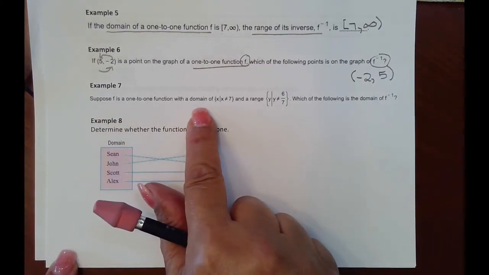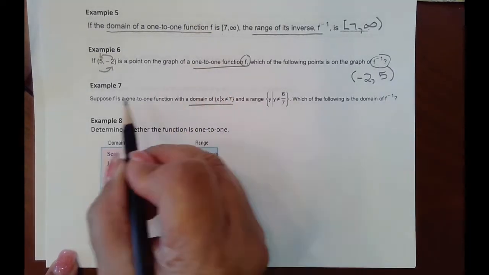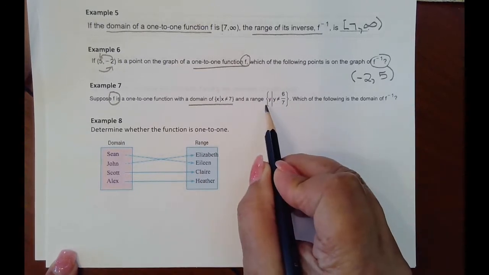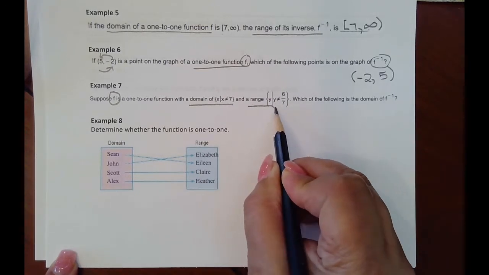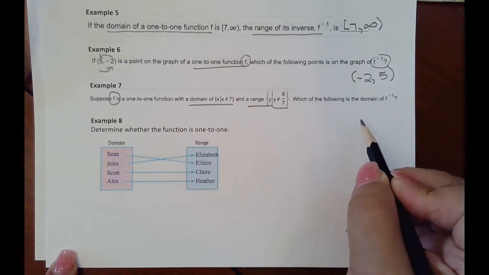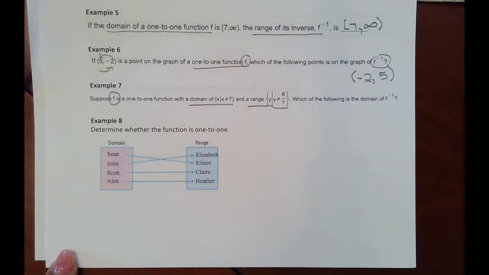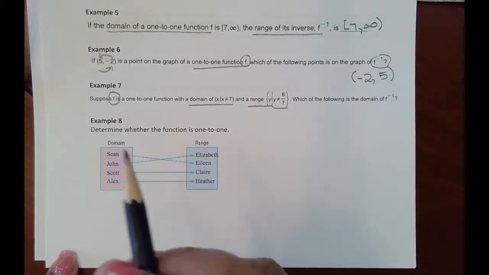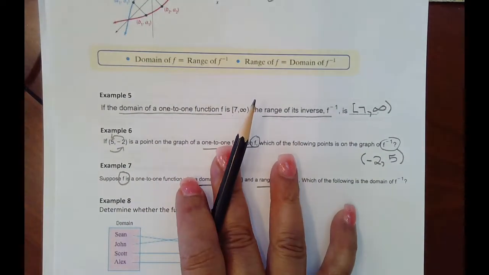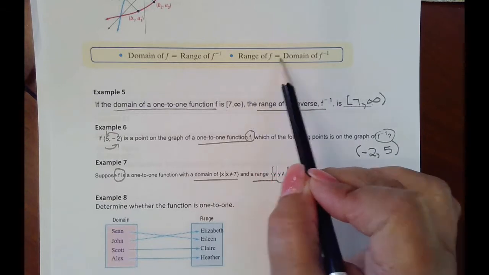Example 7. Suppose you have a one-to-one function with this as the domain of the original function, and this as the range of the original function. Which of the following would be the domain of the inverse? Remember, the domain of the original is the range of the inverse, and the range of the original is the domain of the inverse.